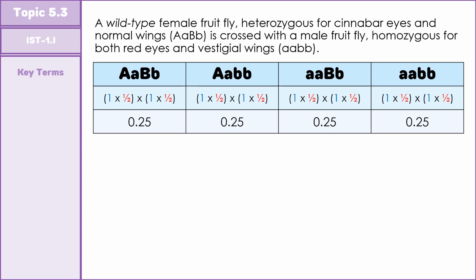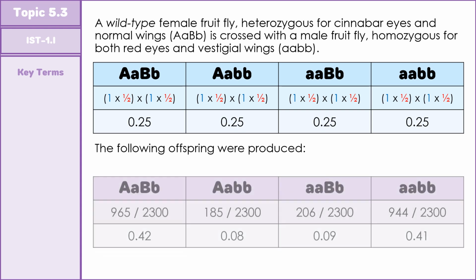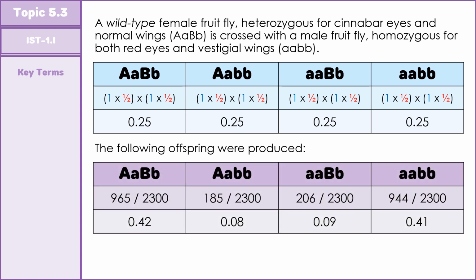And then we can compare these expected values to what we actually produce. So let's say that instead of these quarter values for each of our potential outcomes, we saw these values: 0.42, 0.08, 0.09, and 0.41.